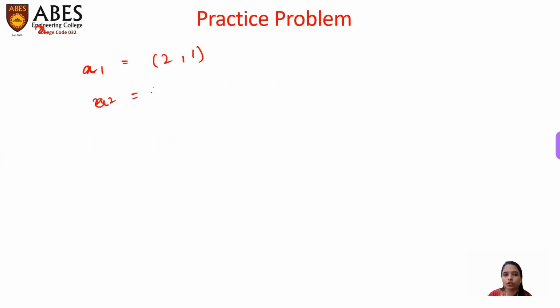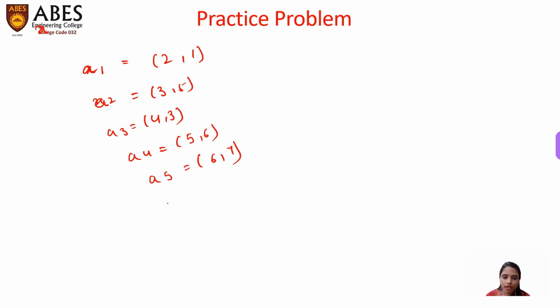So a2 equals 3, 5, a3 equals 4, 3, a4 equals 5, 6, a5 equals 6, 7, and a6 equals 7, 8. So here we have 6 data points, and now we have to calculate the mean vector of the given data points.